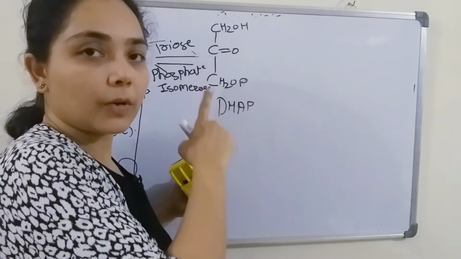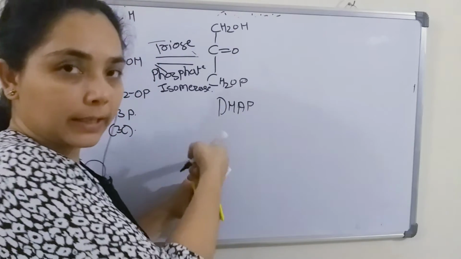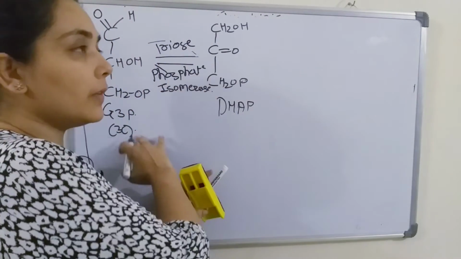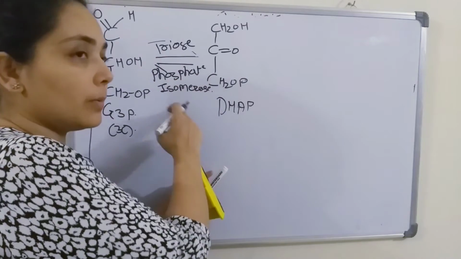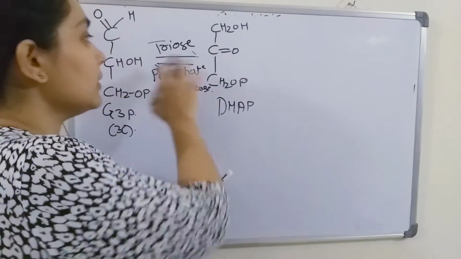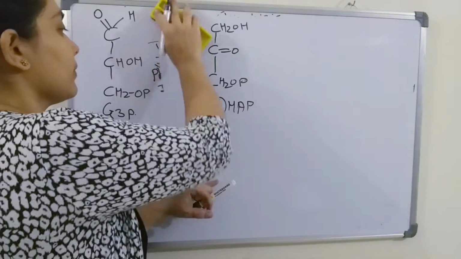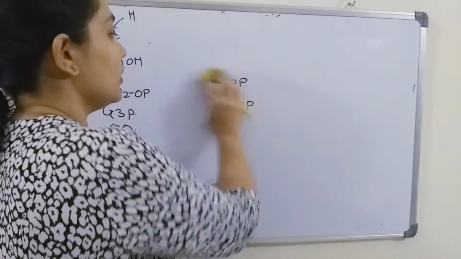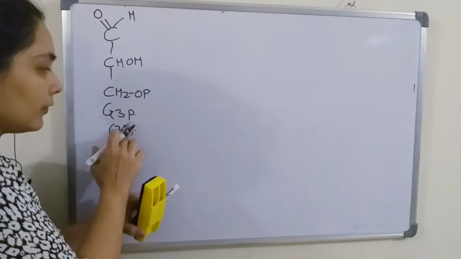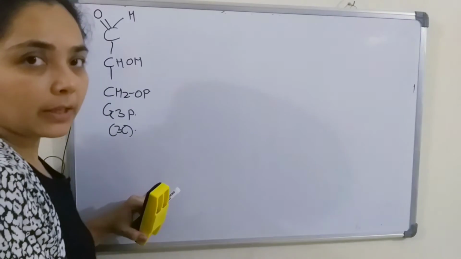From fructose 1,6-bisphosphate we are getting these two. So the cutting enzyme is aldolase and the interconverting enzyme is triose phosphate isomerase. Why triose? Because this is a 3-carbon compound. So triose phosphate isomerase. Now, as we already mentioned, further this will participate in the glycolysis reaction.